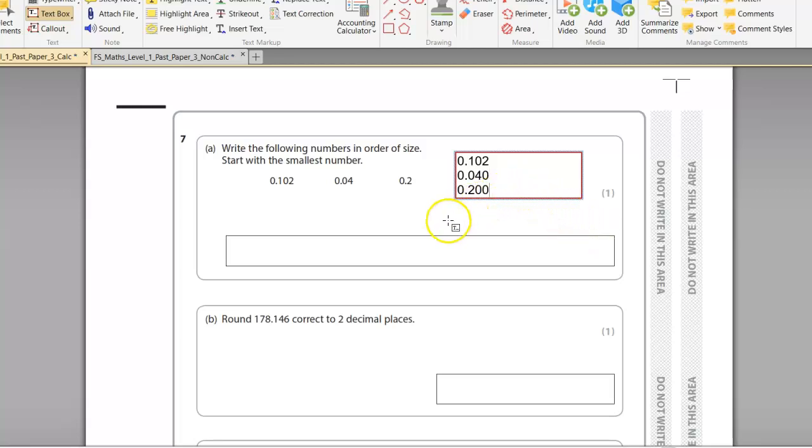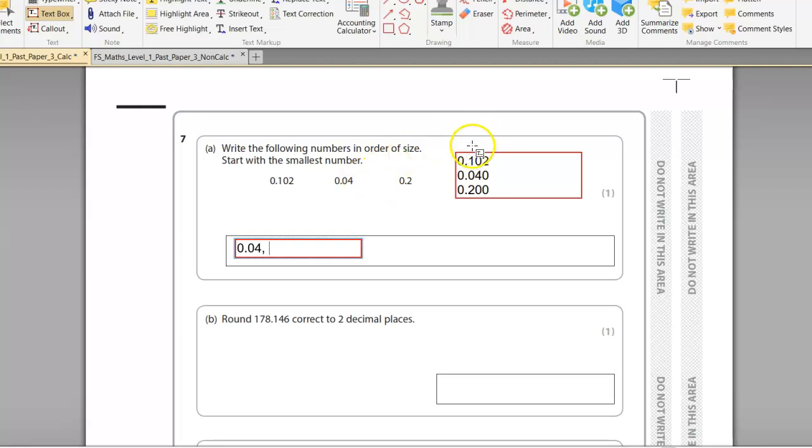If we make them all 3 digits, we can see that the smallest number is the number that has a 0 after the decimal point in that first column. So 0.04 is going to be the smallest number.